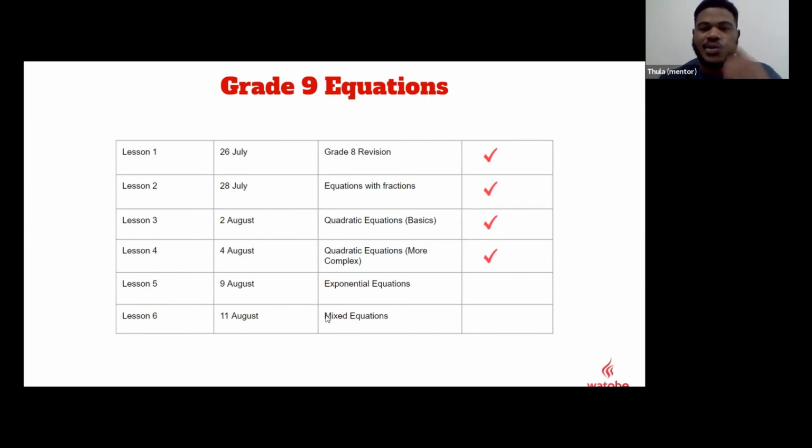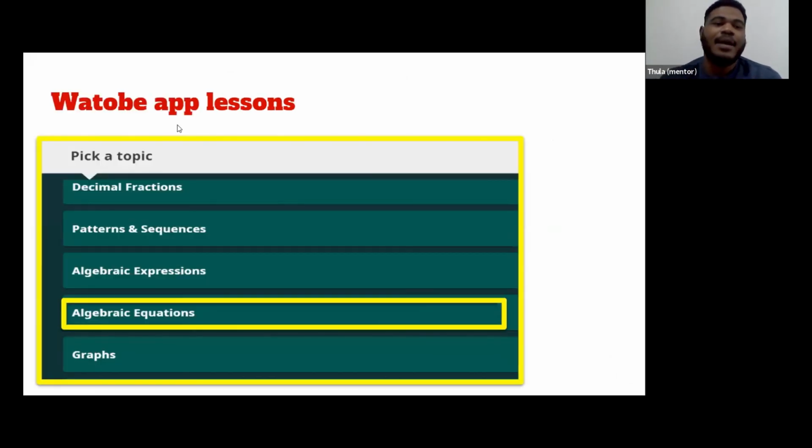Also remember that to prepare for these lessons, you have the Watobi app. That is very useful because you only come here 2 times a week, and you need to be practicing between that, and make sure you actually understand this, because it's easy to think you understand when you're in a class, but then you need to practice all these things.